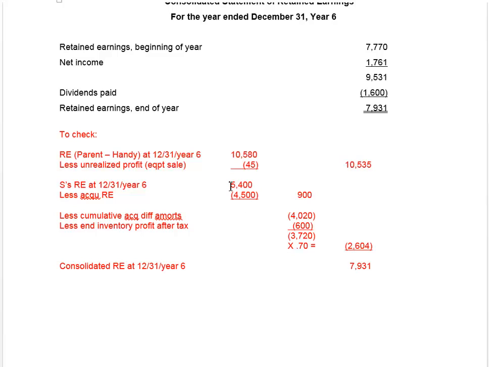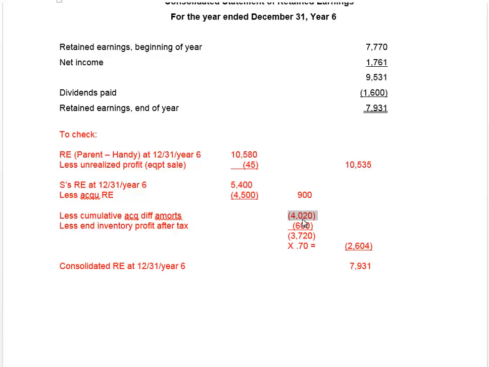Now we're going to start with the sub's retained earnings at the end of year 6, which is $5,400. We're going to adjust for the acquisition retained earnings because that $4,500 was not earned while we were related, so that gives us $900. But we're going to adjust that further for all the cumulative acquisition differential amortizations.